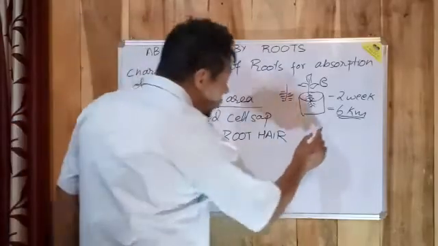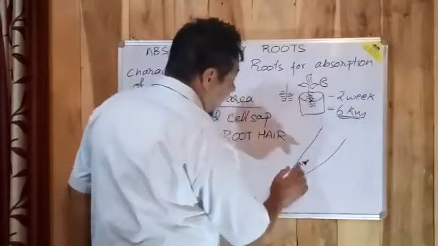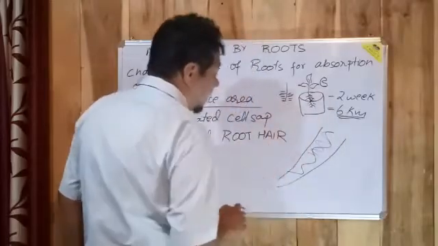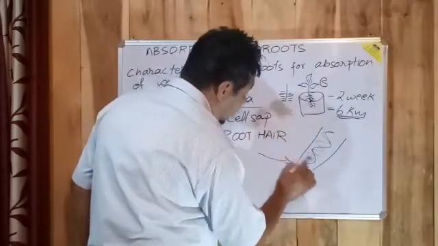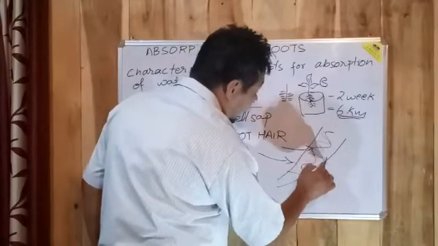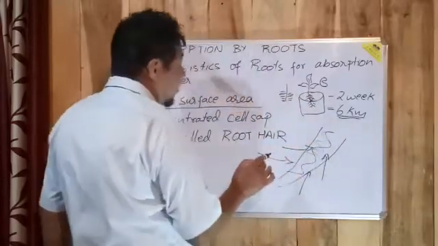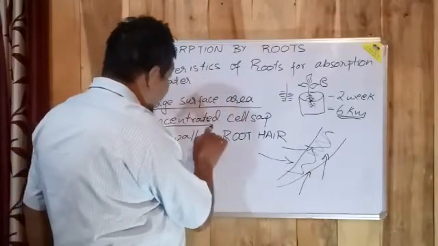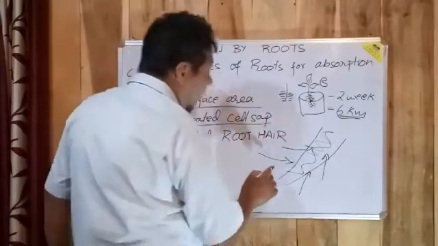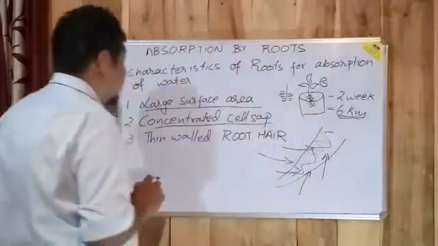Inside the root, if the cell concentration is higher, water tends to move from a region of lower concentration to a region of higher concentration, and this is known as osmosis through a semi-permeable membrane. Because of the concentrated cell sap, water moves inside the roots.